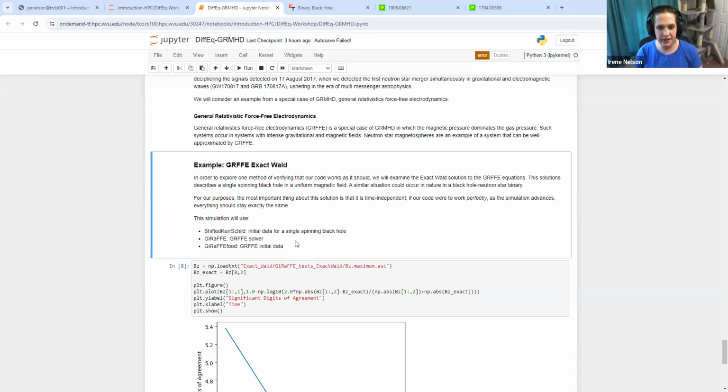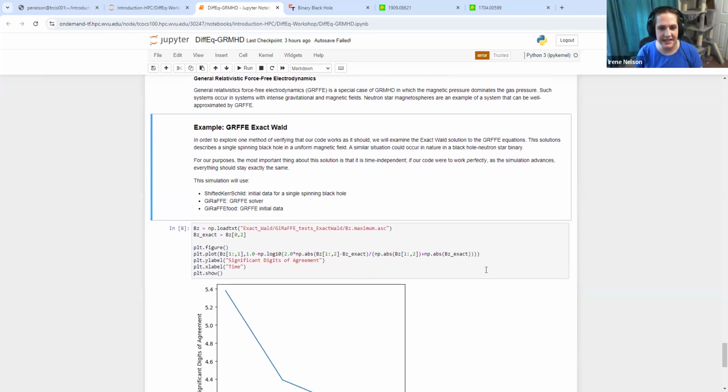So like the 2 initial datas, the shifted Kerr-Schild provides the metric things like the 3-metric, the shift vector, the lapse, and then GiRaFFEfood is going to be coming up with the initial magnetic field and fluid velocities.